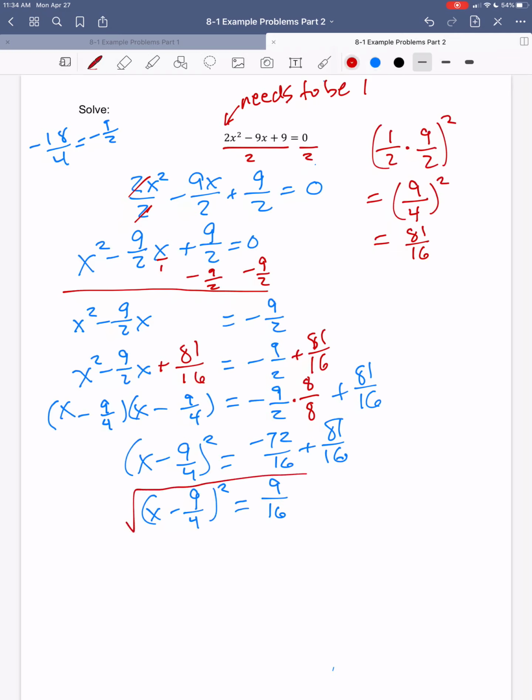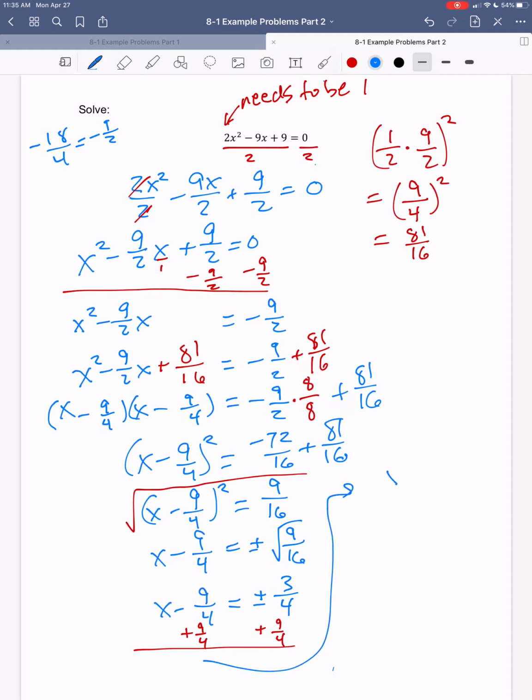So then I can take the square root of both sides. So square root of 9 is 3, square root of 16 is 4. So I'm going to get x equals 9/4 plus or minus 3/4.